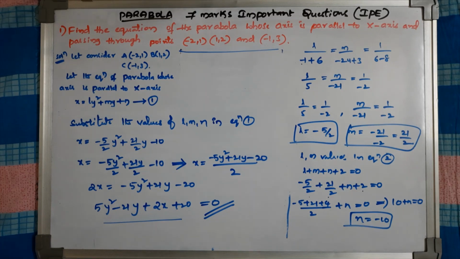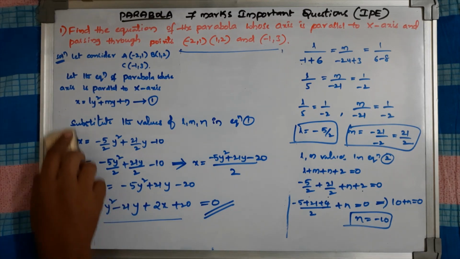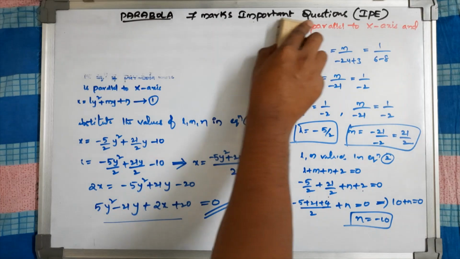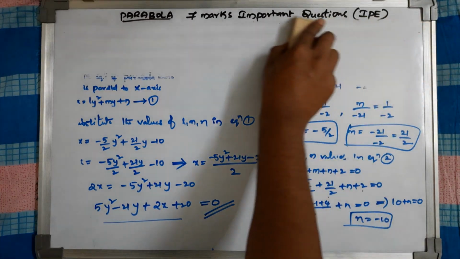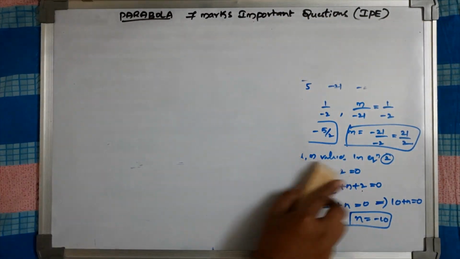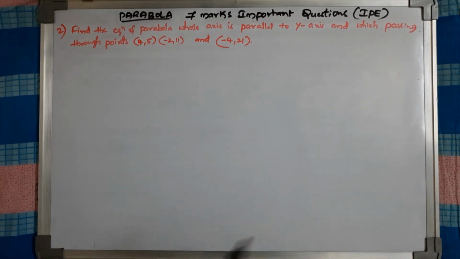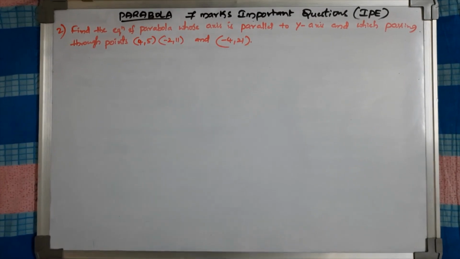We are going to solve another similar question of this type, which is a 7 marks question and very important. The second question is: find the equation of the parabola whose axis is parallel to y-axis.